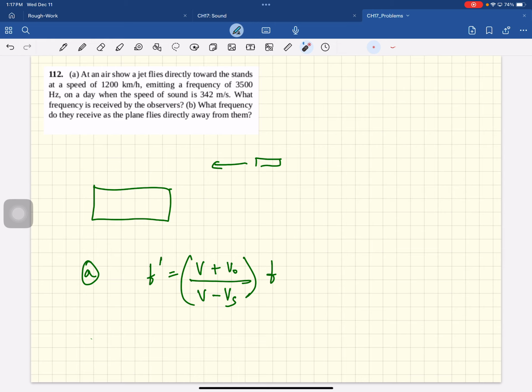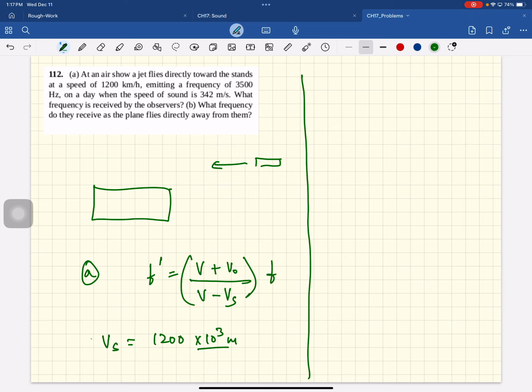So what is the frequency received by the observer? For the first case, the velocity of the source is 1200 kilometers per hour, that is 1200 times 10 to the 3 meters over 3.6 times 10 to the 3 seconds. So that's the velocity of the plane in meters per second.